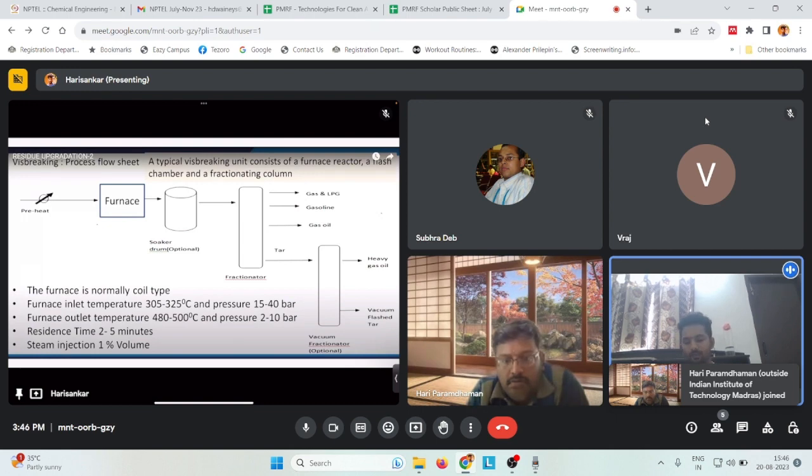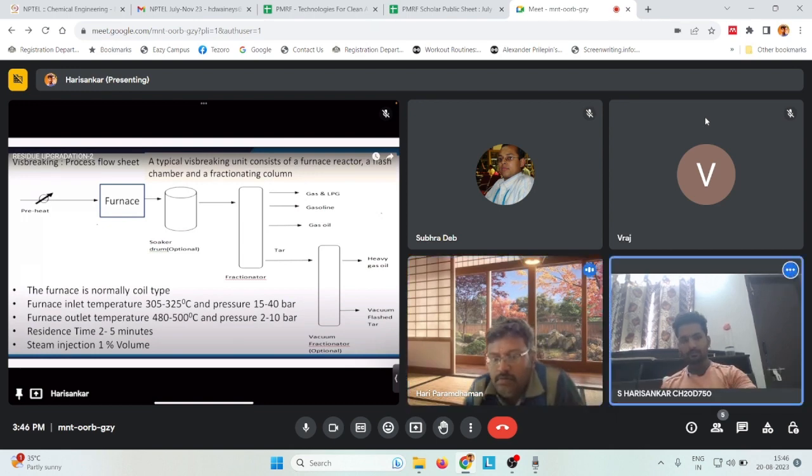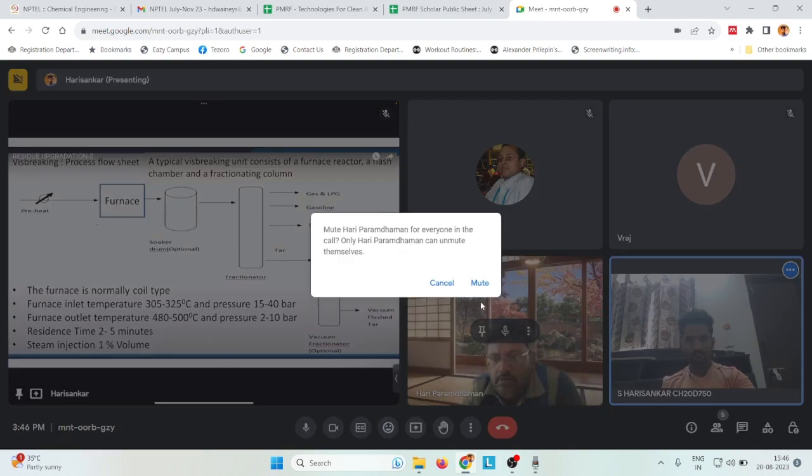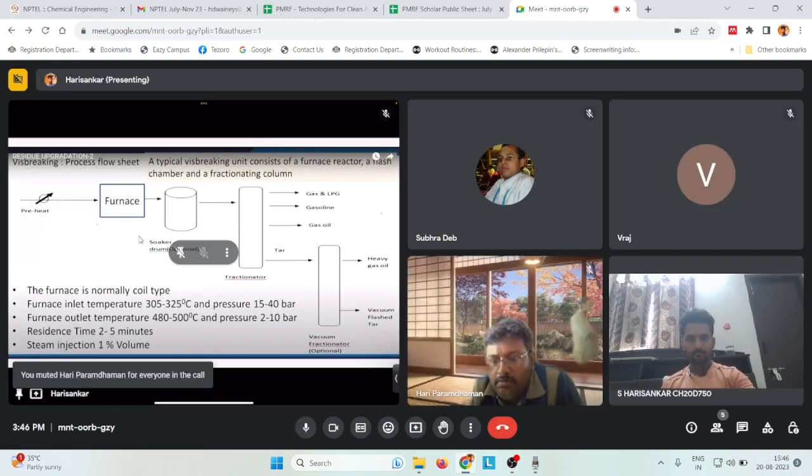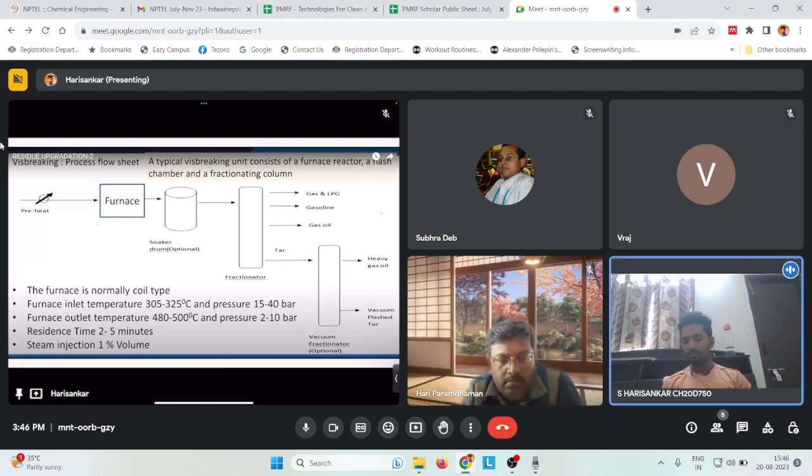So typically this is the flow chart for the visbreaking process.